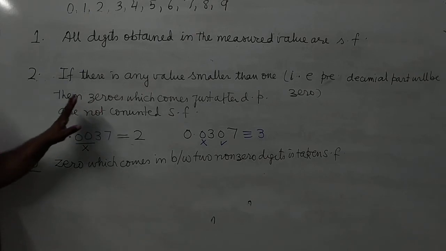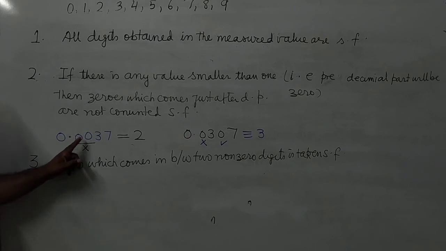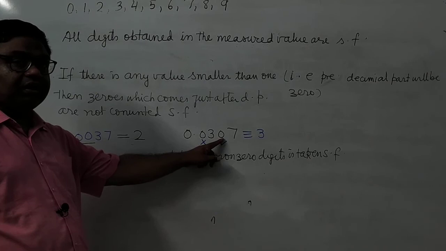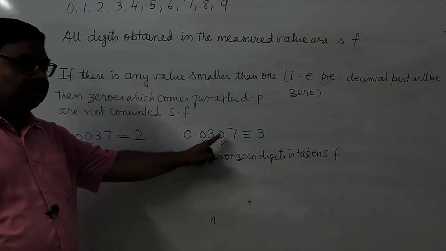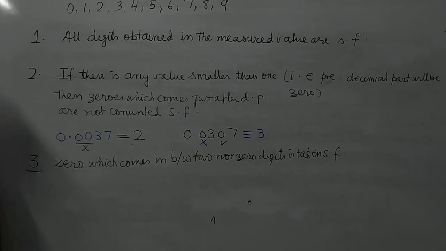If there is some measured value which is smaller than 1, in which the pre-decimal part is 0, nothing before the decimal, then the zeros which come just after the decimal point. Just after the decimal point means this. This is not just after the decimal point. It's clear? This one is just after the decimal point. So the zeros which come just after the decimal point are not taken as significant figures.